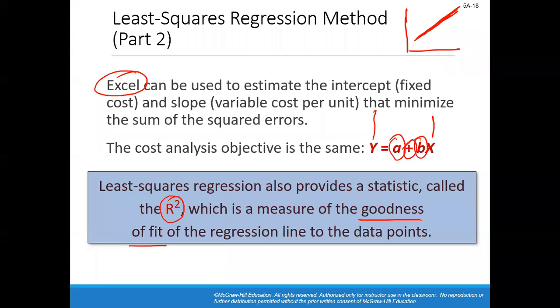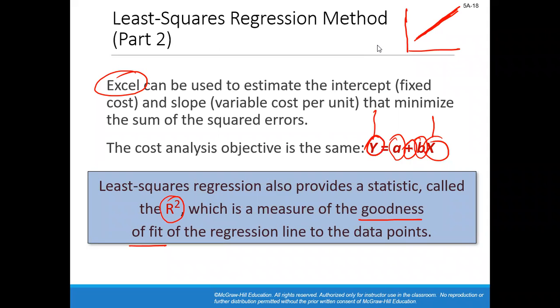So the goodness of fit indicates that as long as the R square is a good number, this relation will be very strong, and the dots will be very close to that line. And in conceptual terms, it indicates that the total variation of y is explained by the total variation of the changes in x. Okay.